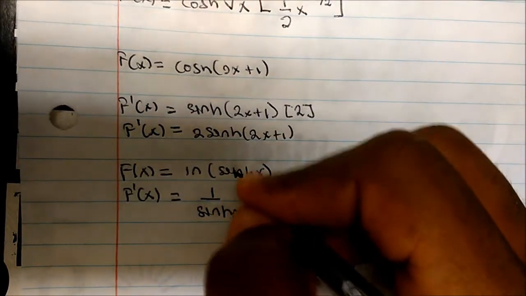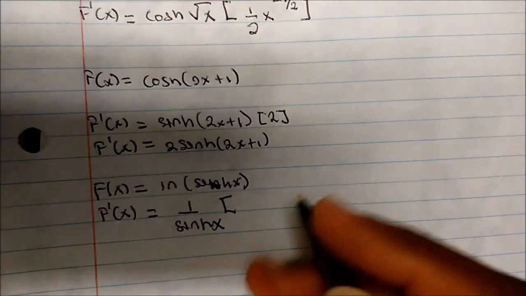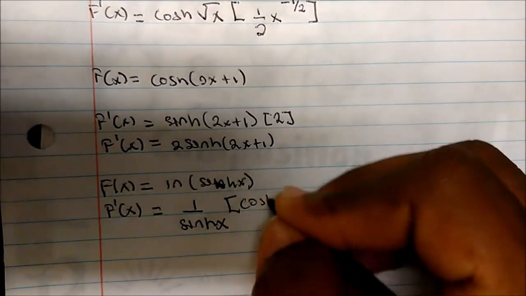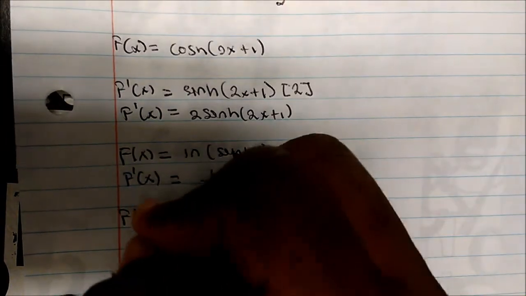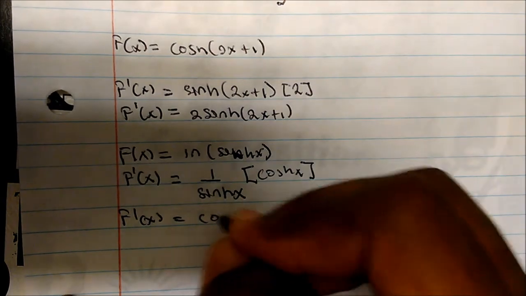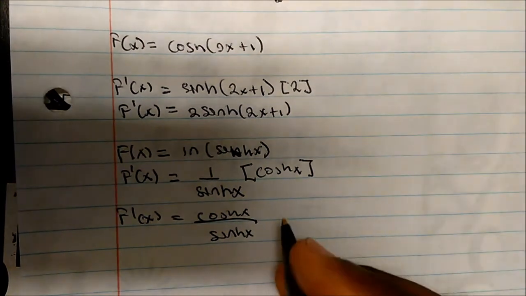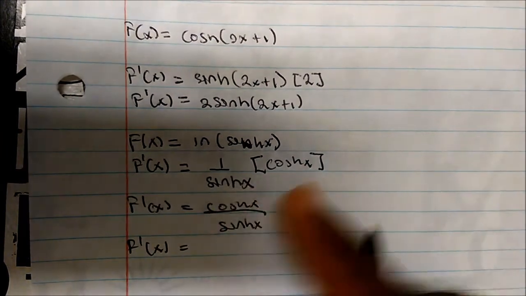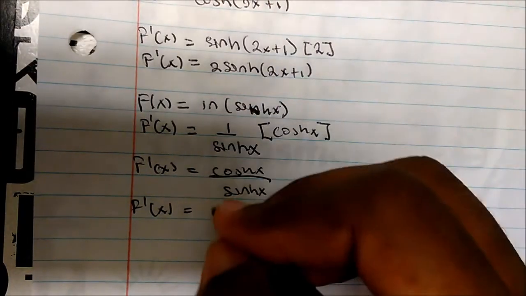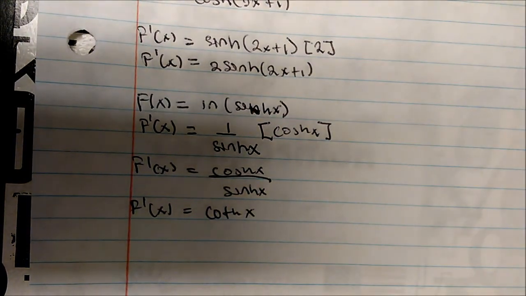And then I'm just going to multiply by the chain rule. What's the derivative of sine hyperbolic of x? It happens to be cosine hyperbolic of x. I could leave it like this, but let's simplify. We have cosine hyperbolic of x divided by sine hyperbolic of x. So our derivative can be simplified to cosine hyperbolic of x over sine hyperbolic of x. That is simply cotangent hyperbolic of x.